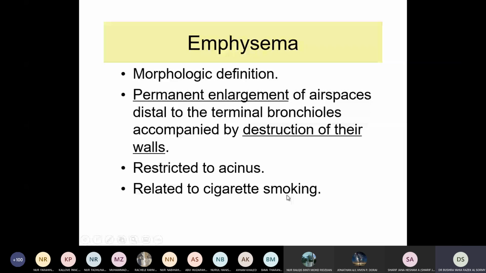So what is emphysema? Usually emphysema is a morphological definition. We call it permanent enlargement of the air space distal to the terminal bronchiole, accompanied by destruction of their wall. Also restricted to the acini and related to cigarette smoking.